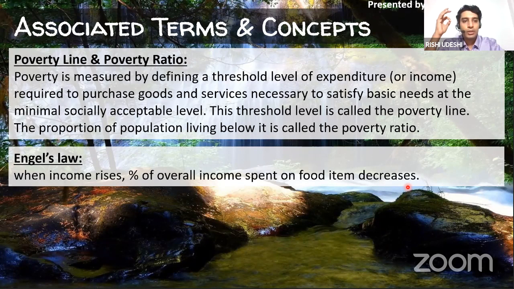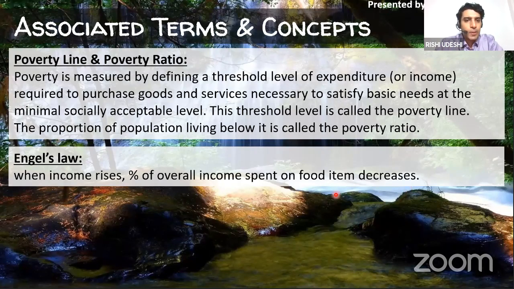Have you understood Engel's law? If yes, just type yes in the chat box. That's it. It's like common sense, nothing much to think about. I just wanted to introduce this term to you.